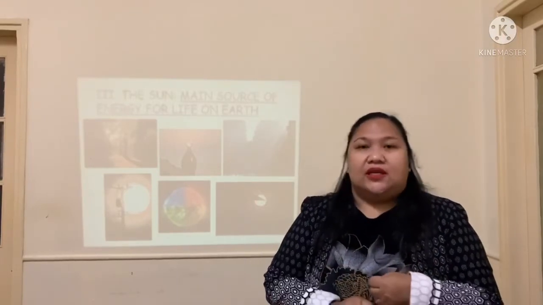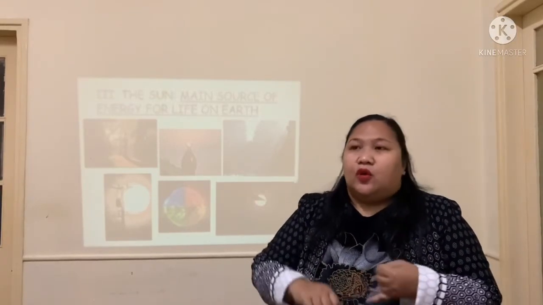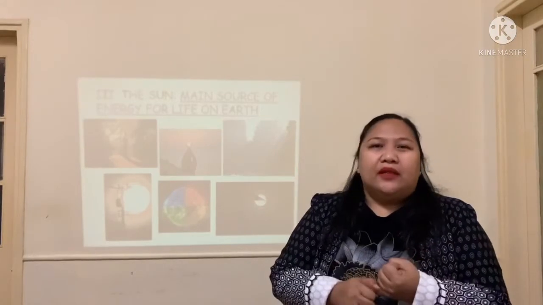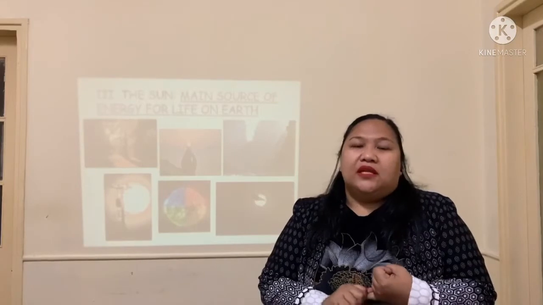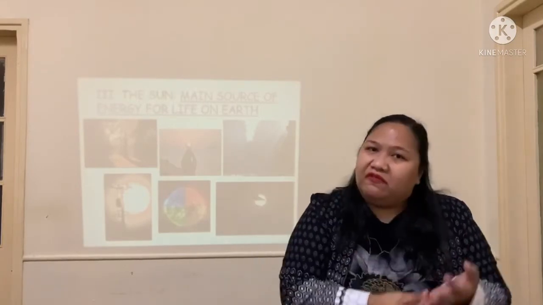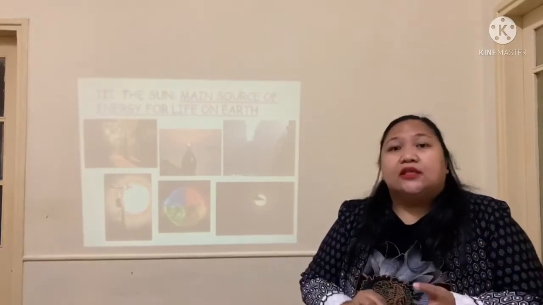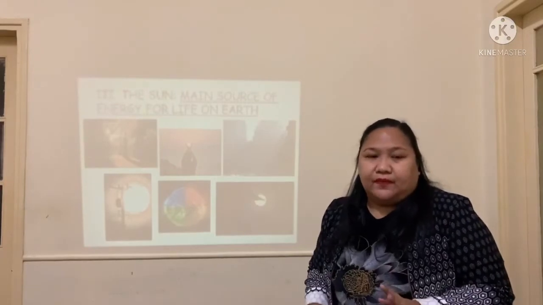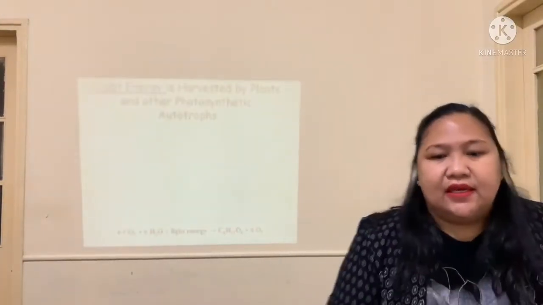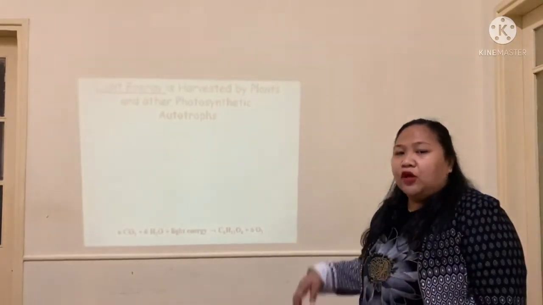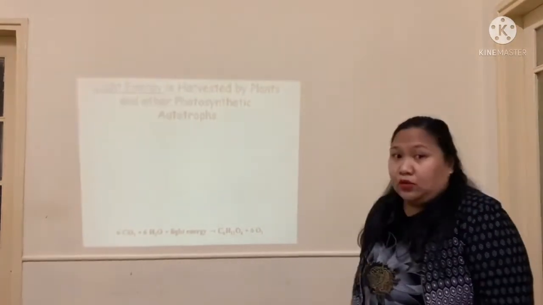One of which is the sun. Without the sun, the plant will not be able to manufacture the food. Meaning to say, in the absence of one factor, the process will be disrupted. So light energy is harvested by plants and other photosynthetic autotrophs.